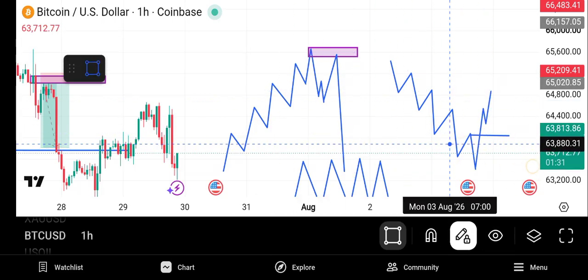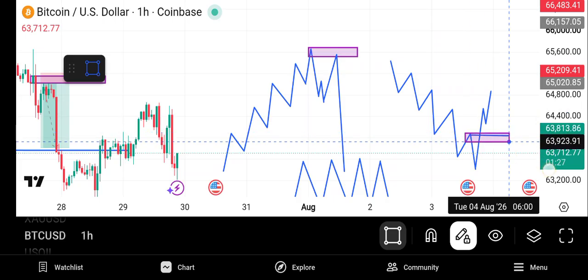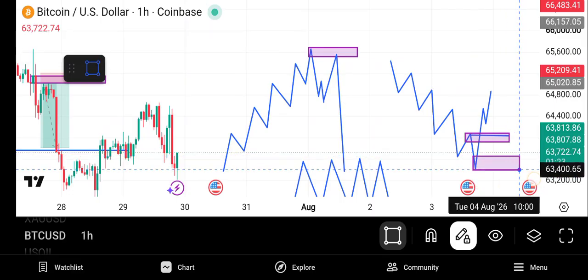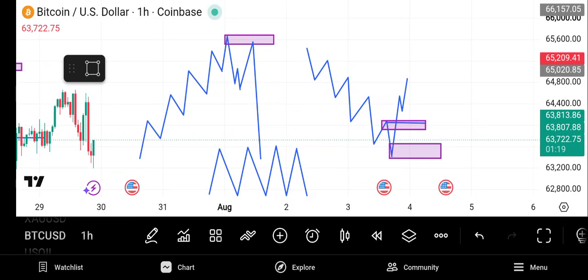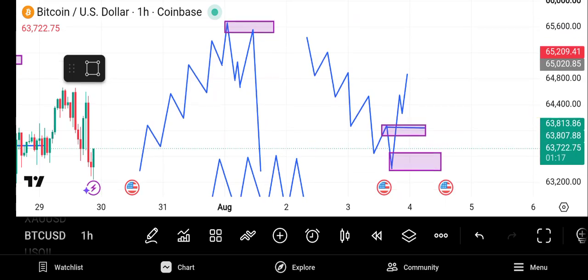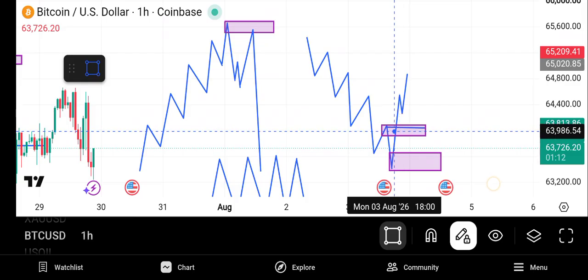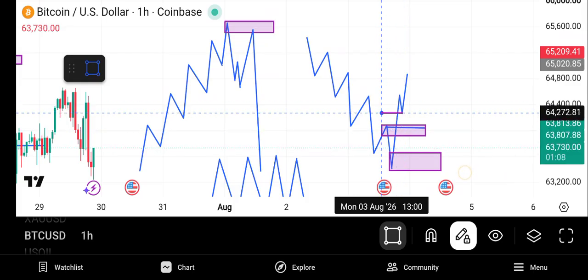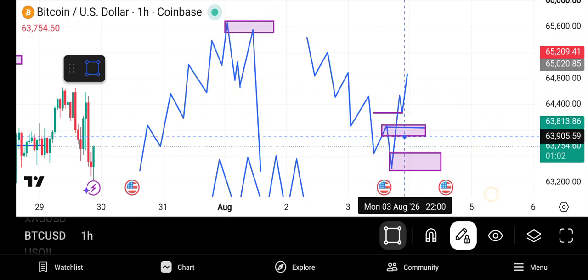So this is our point of interest, and then this other block that triggered this market structure shift, those are our points of interest. Now the rules in picking a proper point of interest: number 1 says there must be a market structure shift. We are getting a market structure shift when market takes out this zone. There must be an inducement, so mark this zone here as our valid inducement. So this is our valid inducement.